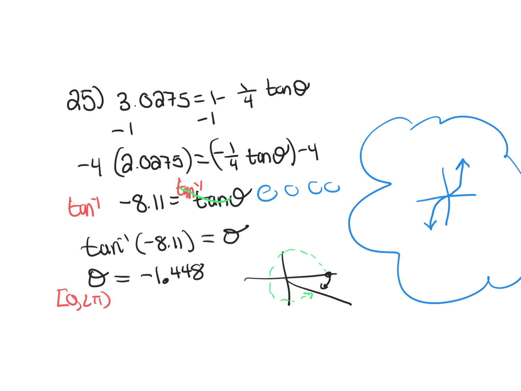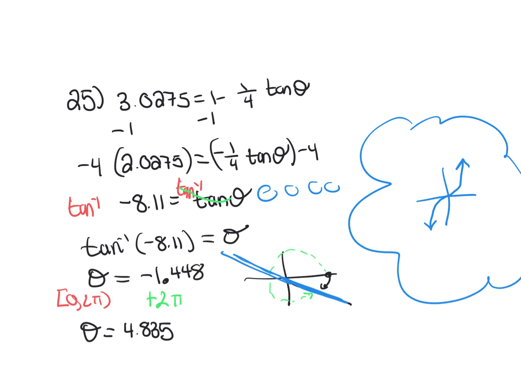To find what that answer really is, I can take this answer and add 2 pi to it, because that'll give me the positive version. So my theta equals 4.835. And if you remember, tangent's period was pi. So this negative happens down here, but it also happens in the second quadrant. And that blue thing I just drew is a straight line.